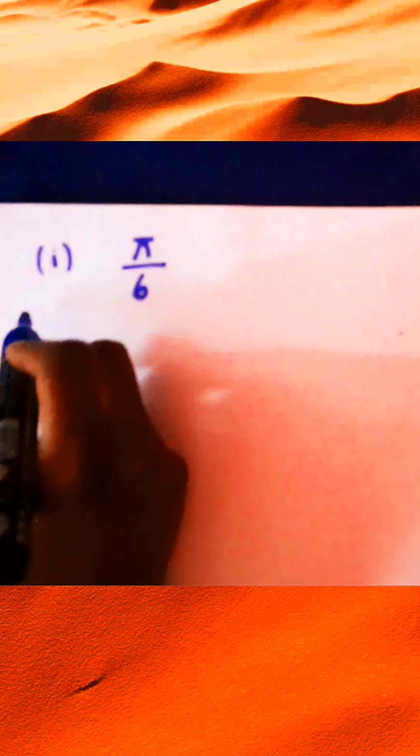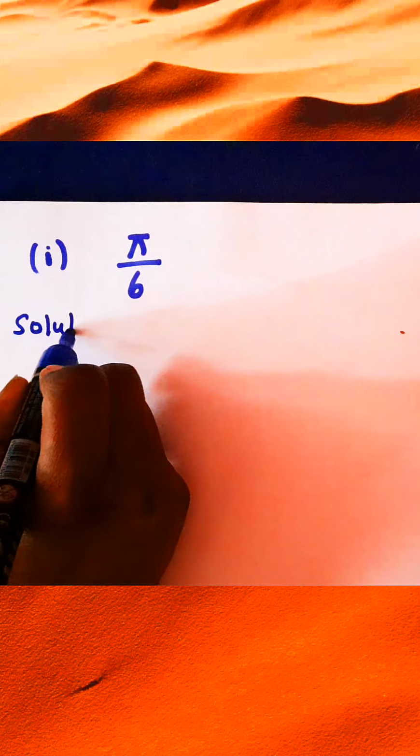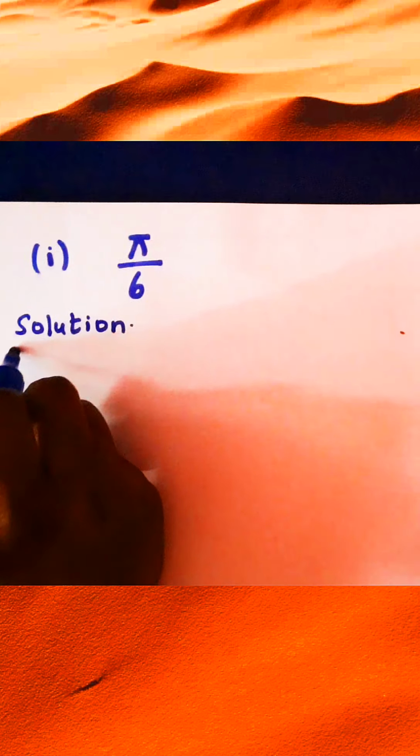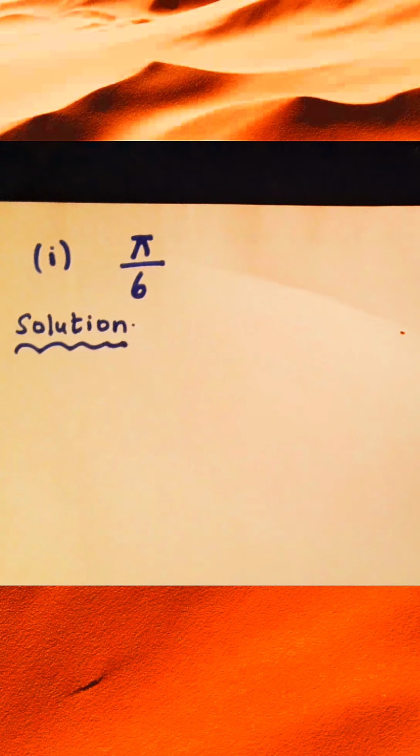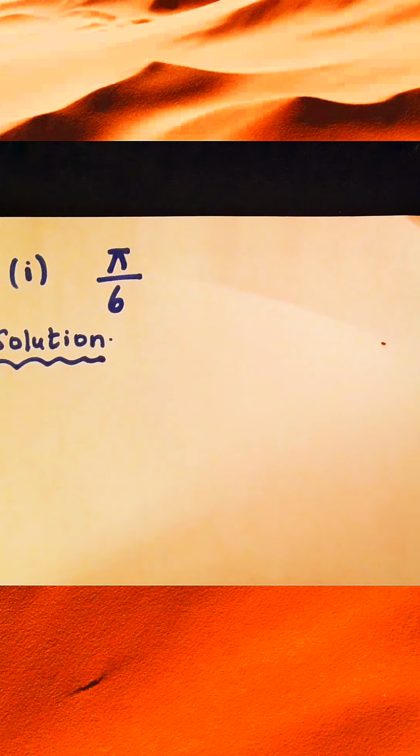Solution. What is our aim? We have to convert pi by 6 into degrees. The given angle is in radians, so we have to convert it into degrees, and for that we use the relation.